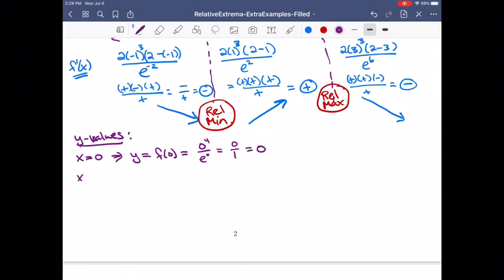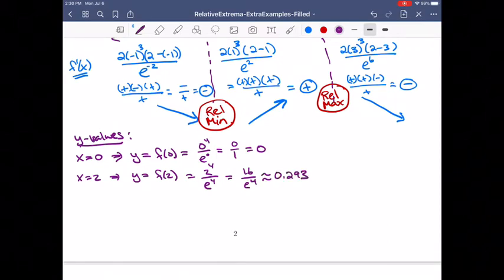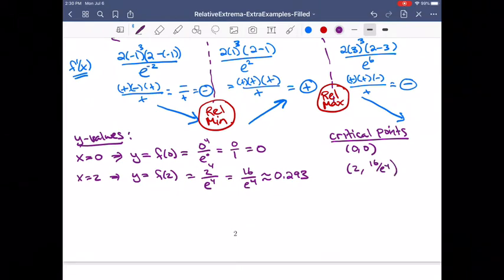And when x is 2, my y is f of 2, so that's 2 to the 4 over e to the 4, which is 16 over e to the 4, which is approximately 0.293. Okay, so if you want, we could write our critical points as (0, 0) and (2, 16 over e to the 4).